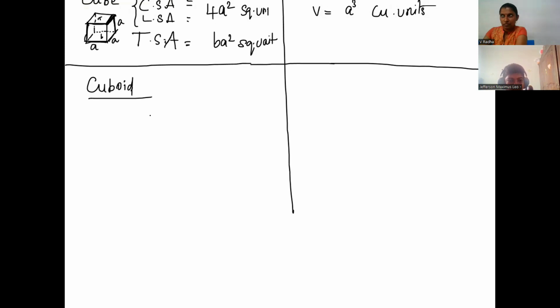A brick. A lunch box, pencil box, geometry box. Your phone. Ma'am, a matchstick box. Yes, good. Bricks.